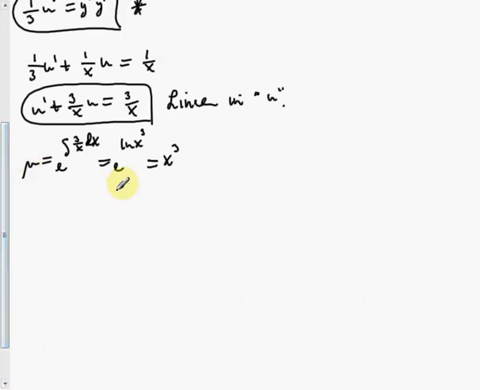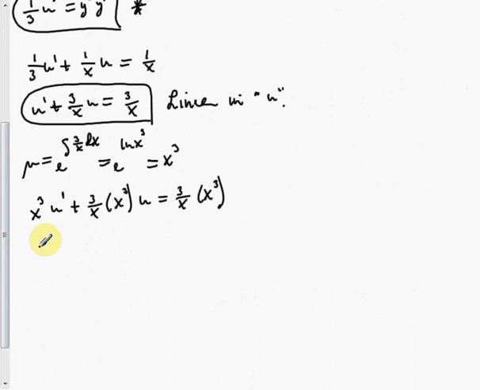So now we multiply everything through by the integrating factor. So this is x cubed times u prime plus 3 over x times x cubed times u, that's equal to 3 over x times x cubed.